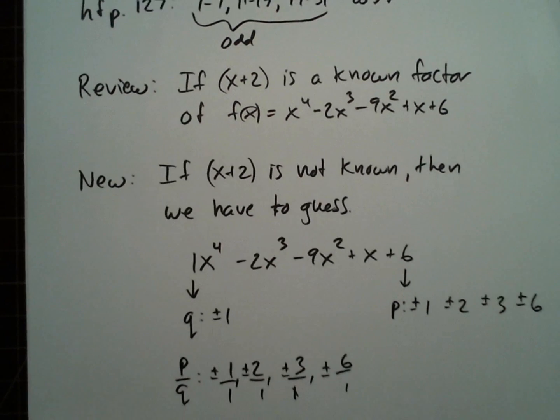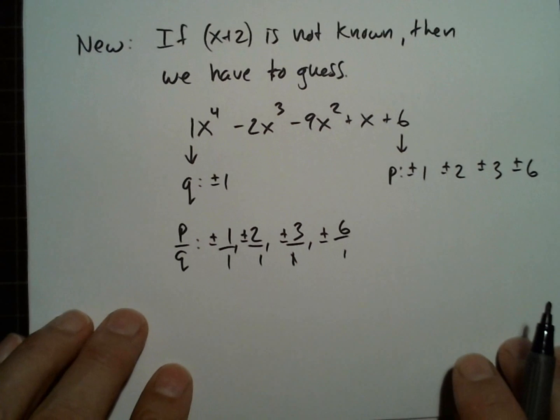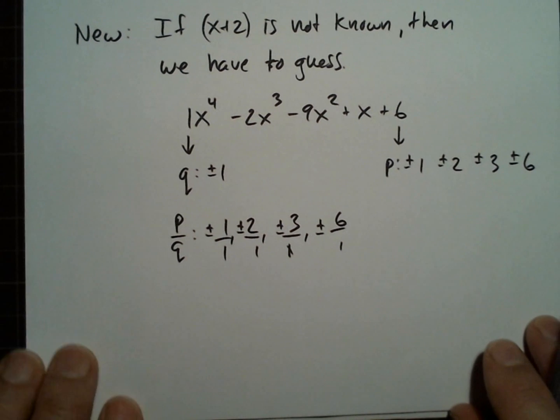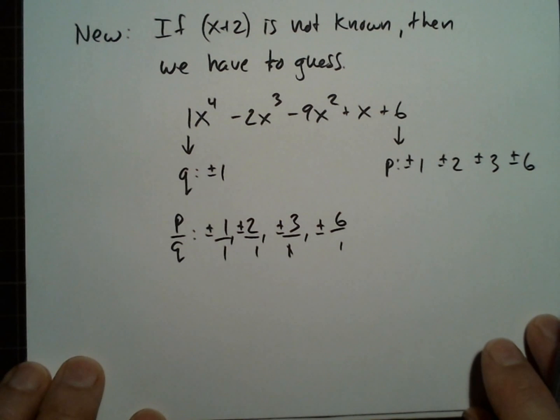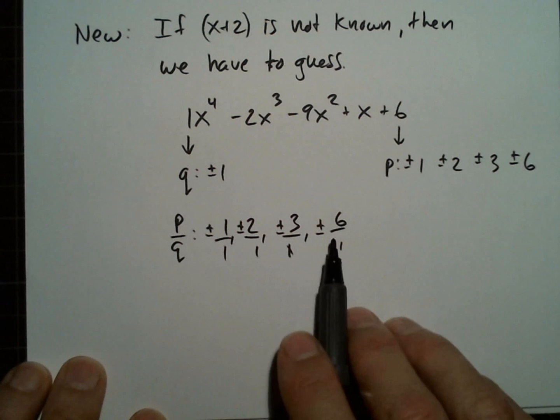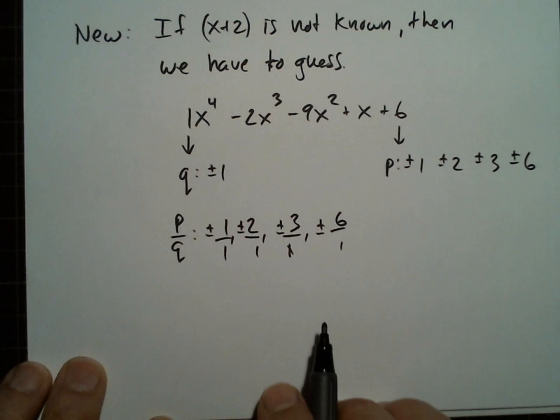So we have 8 choices that might work. At least we're not going to try 4. And all the fractions, we want to try these integers.